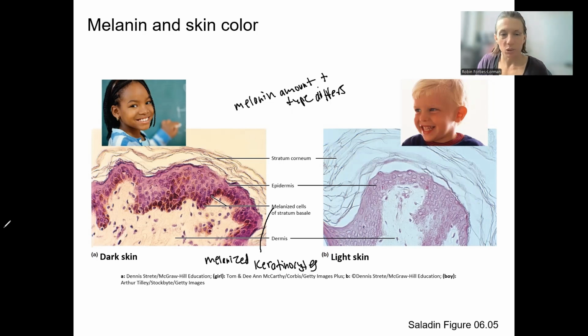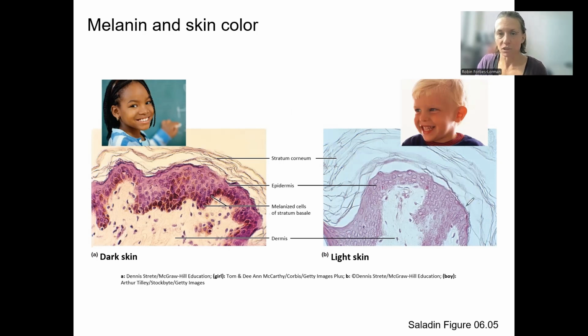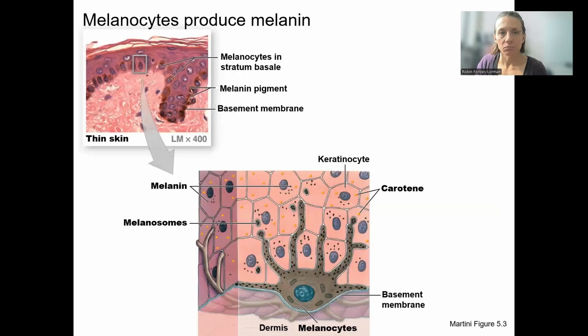Let's zoom into what's going on within this region. So if we zoom into this layer, the stratum basale, this is where we're zoomed in. Here is a melanocyte. All humans are actually different shades of brown, with the exception of albino people, albinism. So we're all tinted with melanin, but there's many different shades.